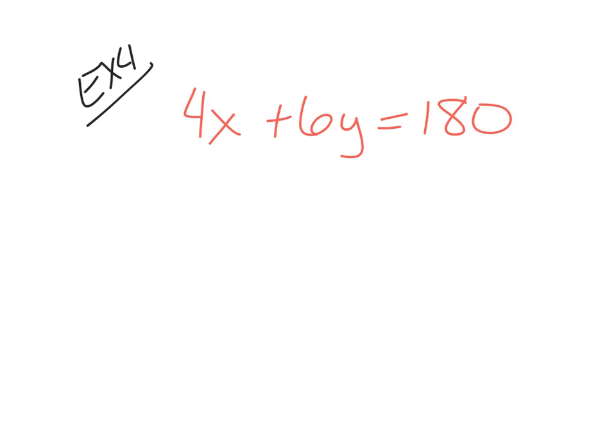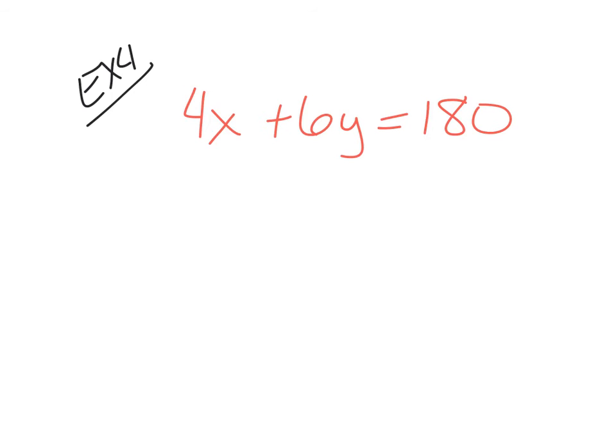This situation can be modeled by 4x plus 6y equals 180, where x is the number of small tables and y is the number of large tables. So we're trying to figure out how many of each size table we want to add up to 180. In order to do that, we're going to find the intercepts and graph it.